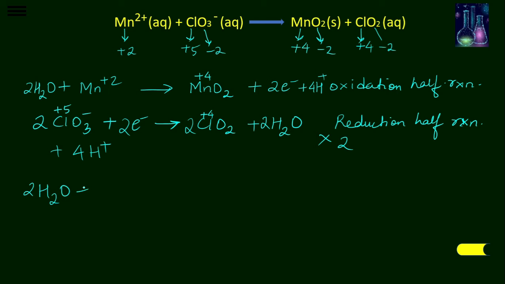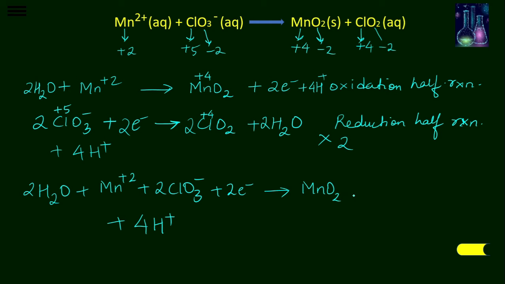2H2O plus Mn plus 2 plus 2ClO3 minus plus 2 electrons plus 4H plus gives MnO2 plus 2 electrons plus 4H plus plus 2ClO2 plus 2H2O.